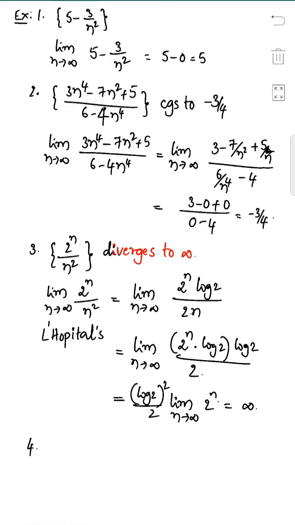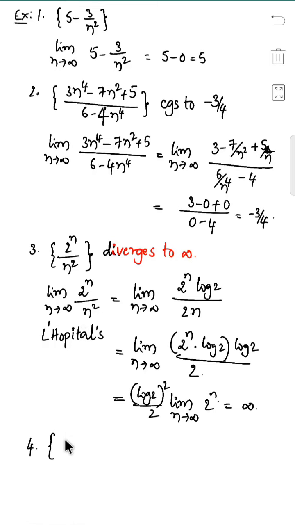We need some more advanced methods to solve this one. We will study those advanced methods, whether the sequence is converging or diverging, later.